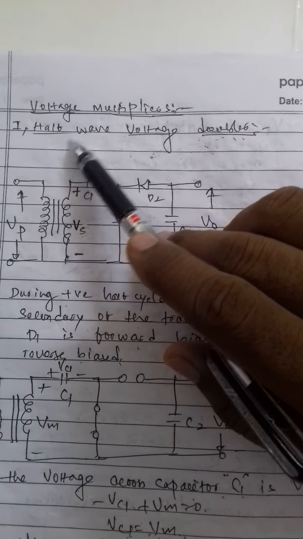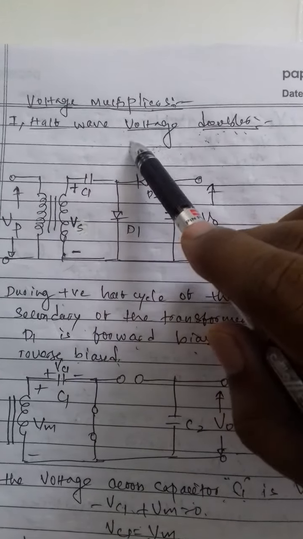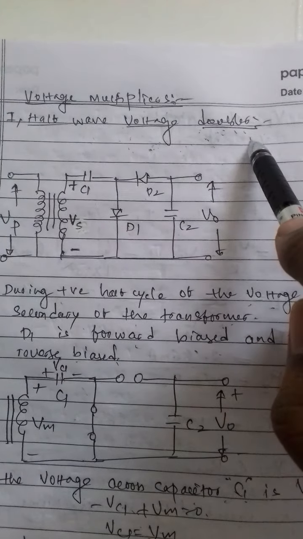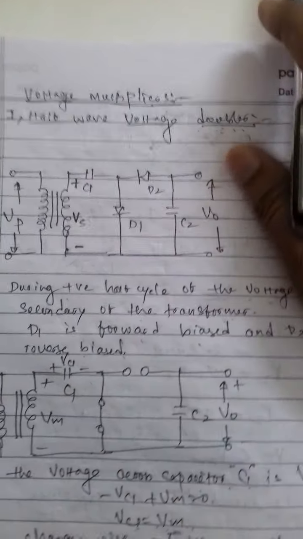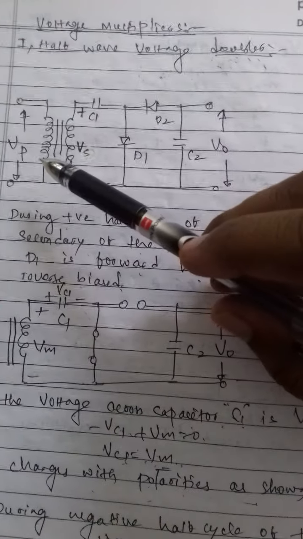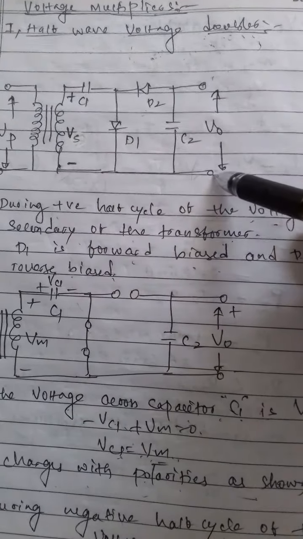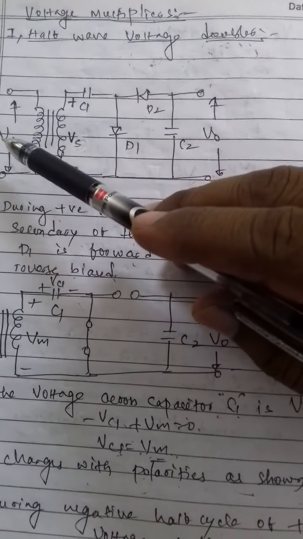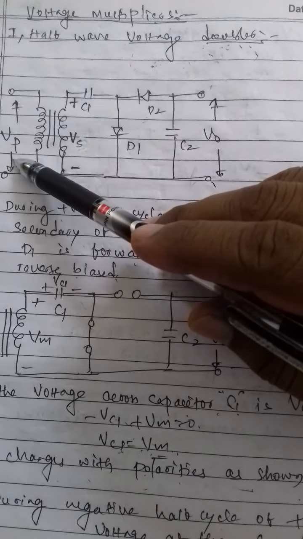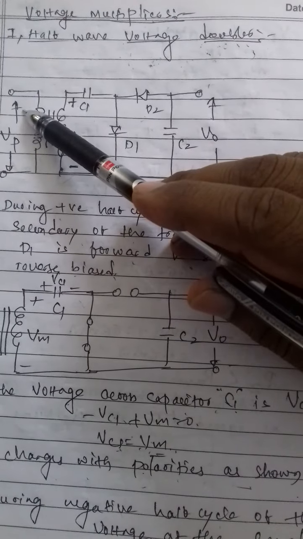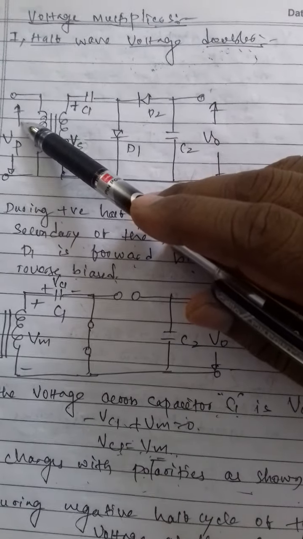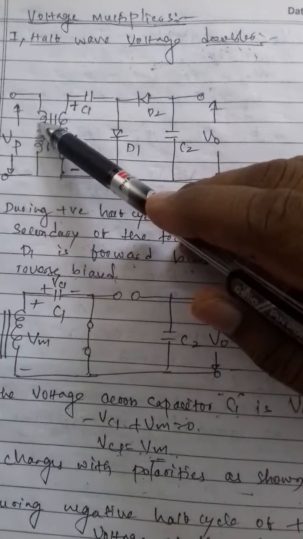Here we shall first discuss the half wave voltage doubler circuit. This is the circuit diagram of a half wave voltage doubler circuit. Here a 230 volts 50 hertz voltage is applied at the primary of the transformer.